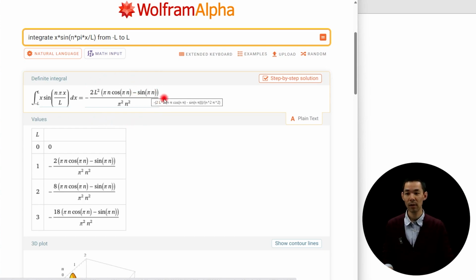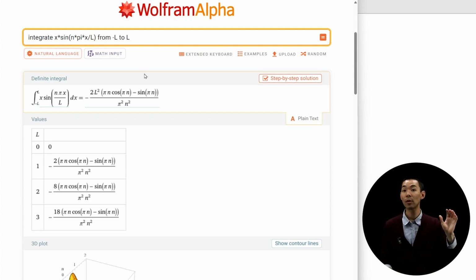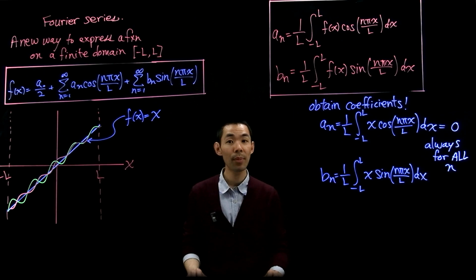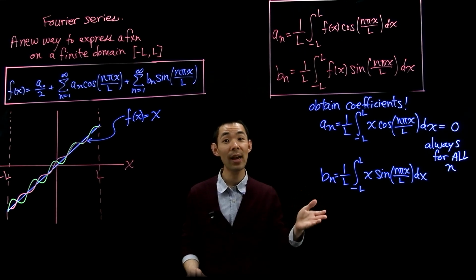First of all, like I said earlier, whenever you see sine n pi, that's automatically equal to 0, because where n is an integer, sine of 1 pi, 3 pi, 2 pi, 5 pi, 10 pi, those are all equal to 0. So we know that that term must be equal to 0. But what about this first term? Cosine of n pi is not 0 for integer values of n.